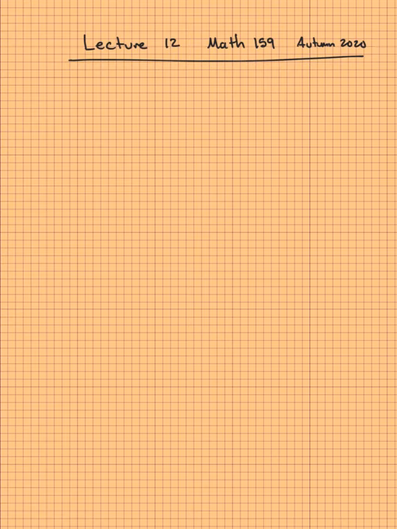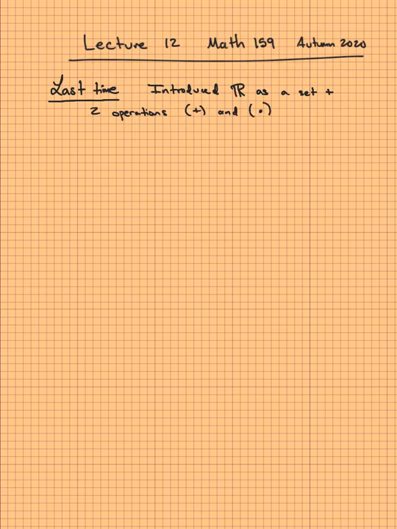Okay, class, so let me remind you where we were last time. We kind of started the second half of the class. We introduced R as a set plus two operations, which were just plus and multiplication, satisfying certain axioms.